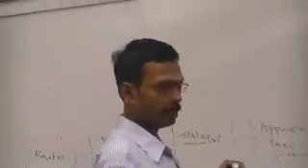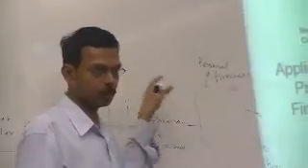So you want an application proxy firewall to process only those packets that pass the tests done by these two firewalls. Okay, so only those packets that you really want to let into the network.